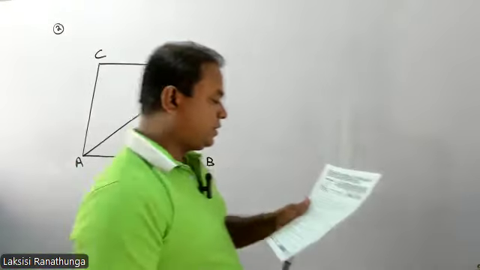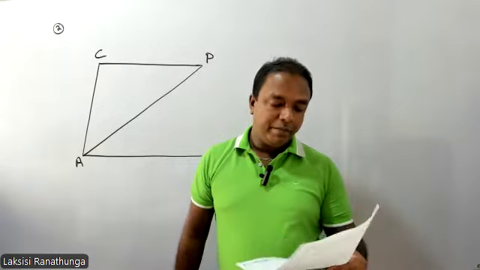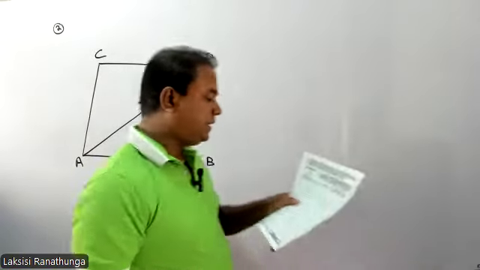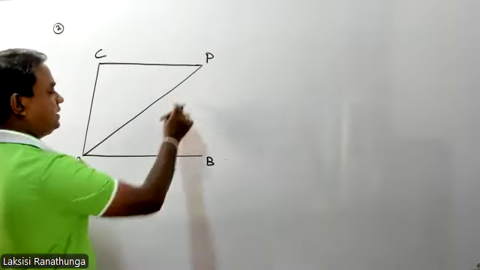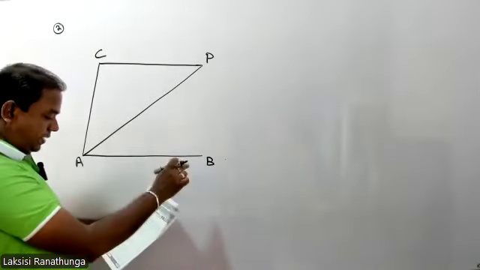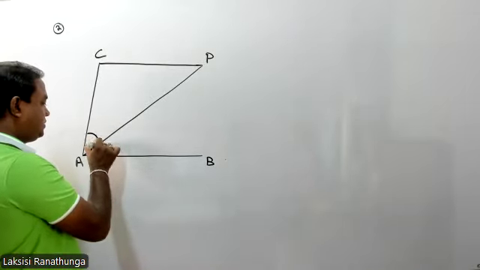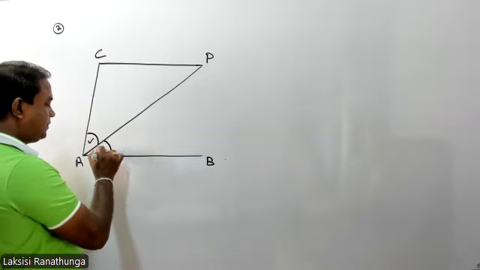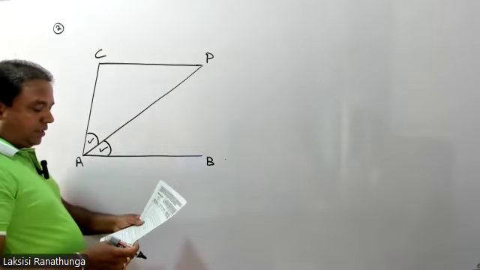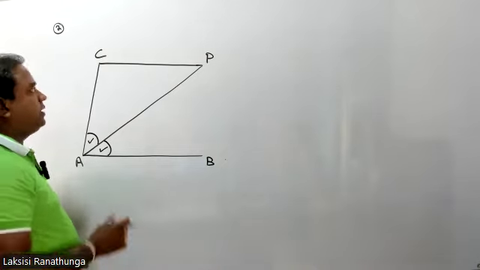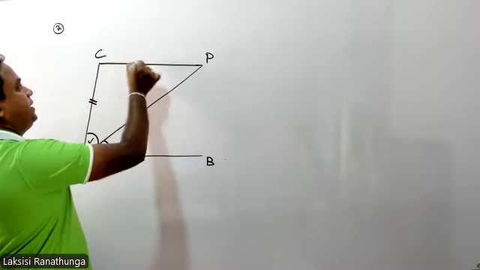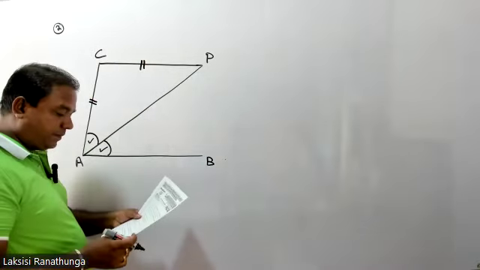Right. Question number 2. AP bisects the angle CAB in the picture. That means these two angles are equal. And AC equals CP.